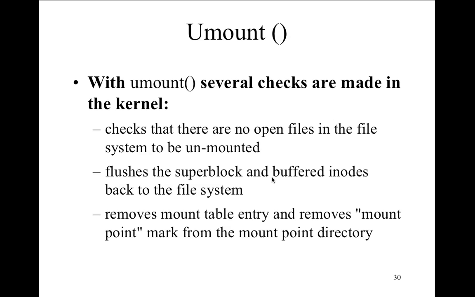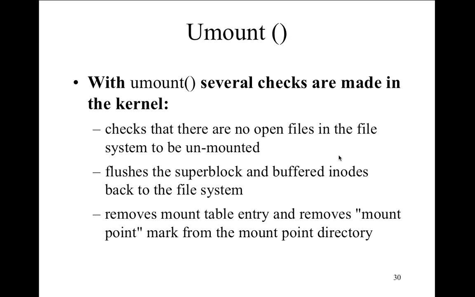So what happens when an unmount or umount occurs? Several different checks are made in the kernel. We don't actually have to save anything to the disk unless we're going to unmount it. So as we're mounting a disk in there, and we're manipulating, opening files and playing around with this stuff, eventually we're going to want to unmount it.